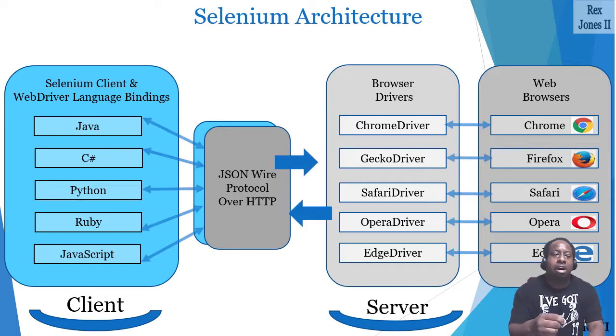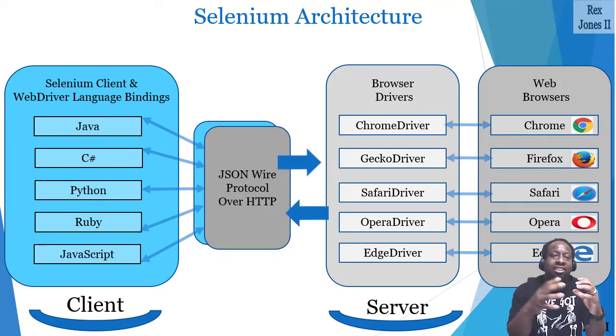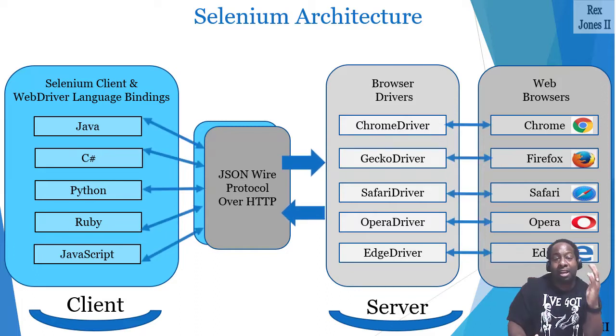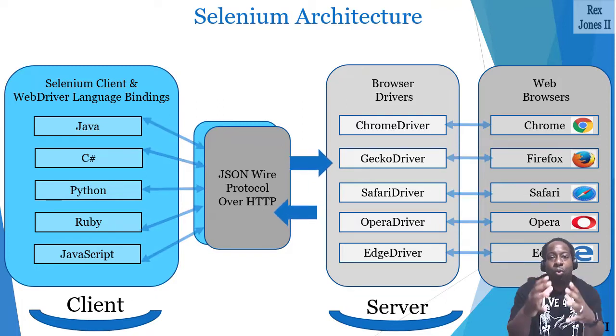This is an example of Selenium 3, which includes the JSON wire protocol. The objective of JSON wire protocol was to transfer information from the client to the server. That information was processed over HTTP by sending HTTP requests and receiving HTTP responses.